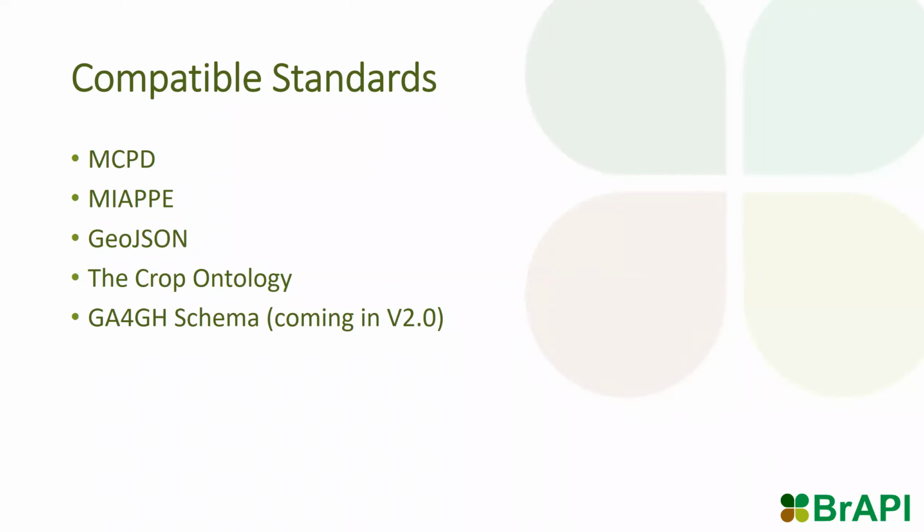The structure of the ontology data is really what we're taking from the crop ontology, and that variables are created by the set of methods, traits, and scales. Actual data from actual ontology terms, as long as they can fit into that structure, any ontology database could be BrAPI compliant.